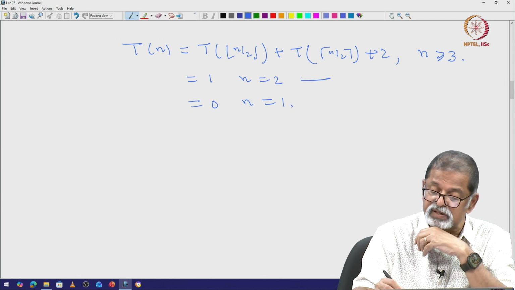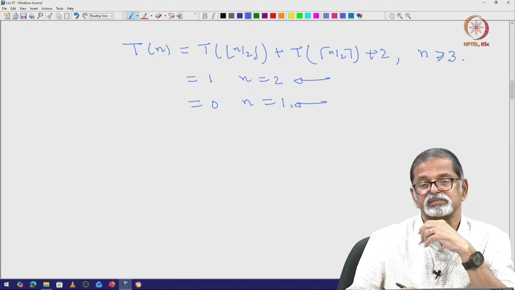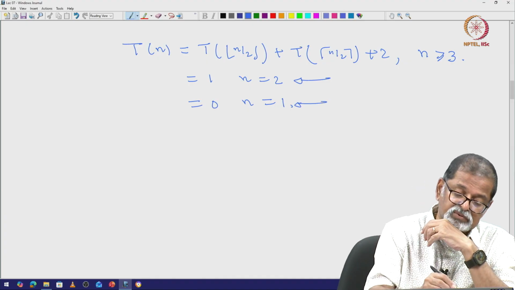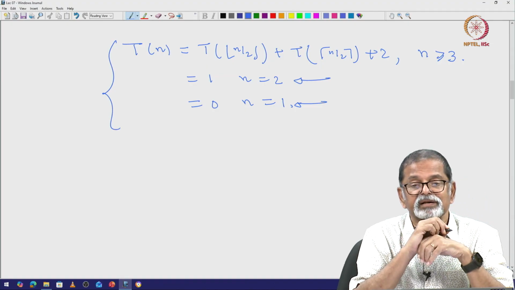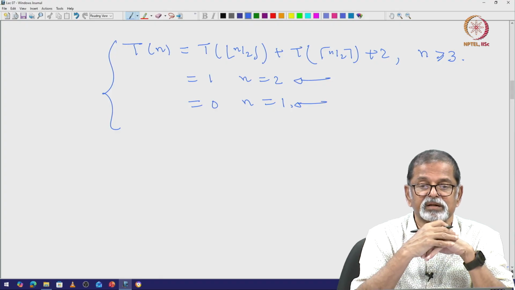So, this is the new base case, this is the traditional base case, this is a new base case. So, I have a different recurrence equation.